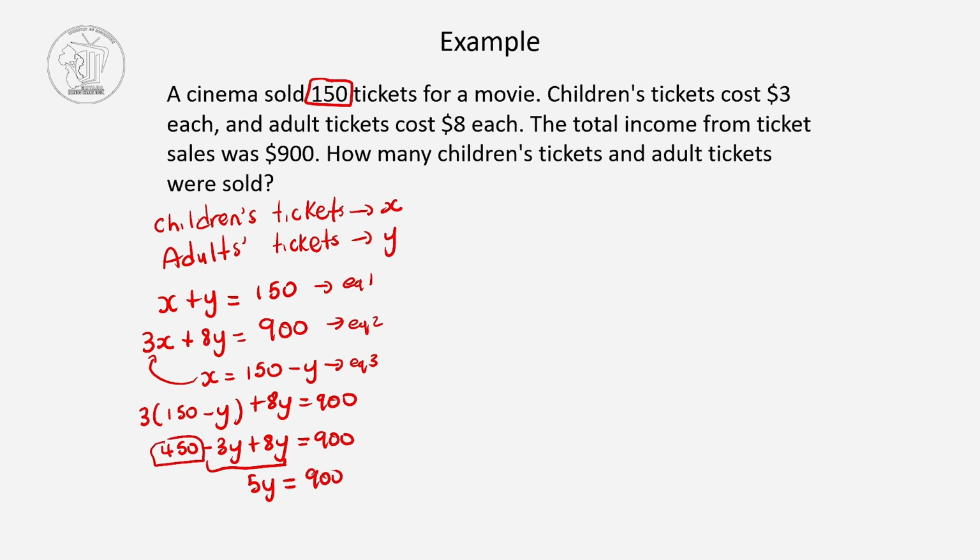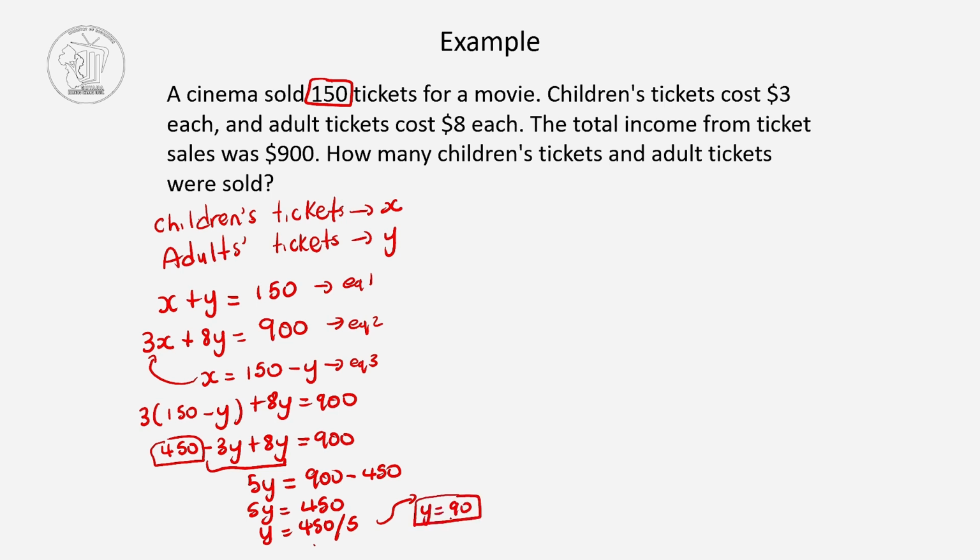The 450 is adding, so we take it over to subtract 450. So 5y is equal to 900 subtract 450, that would give us 450. So y is equal to 450, the 5 is multiplying, take it over to divide, divided by 5. So y is equal to 90.